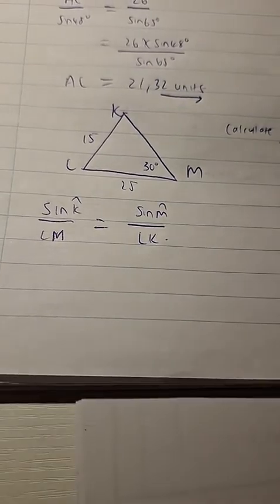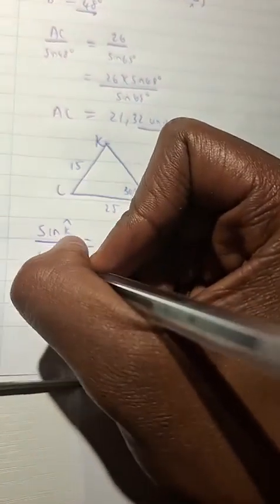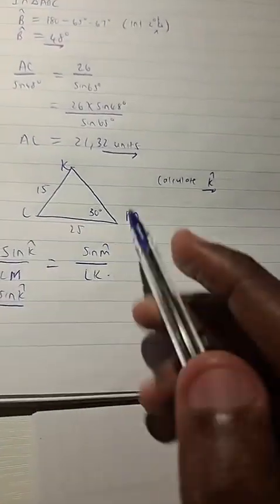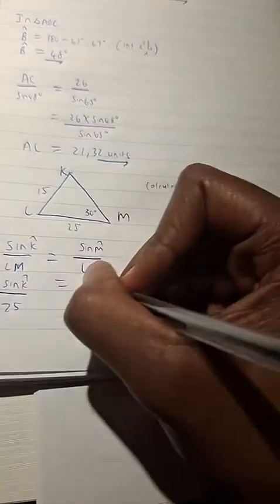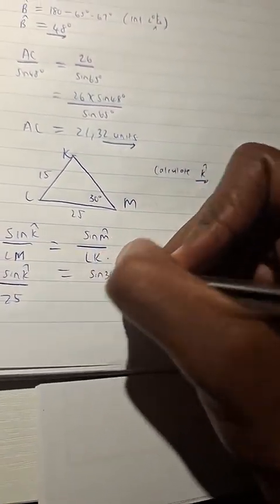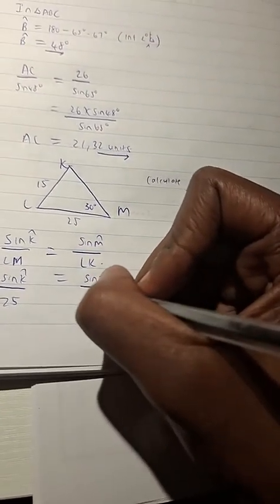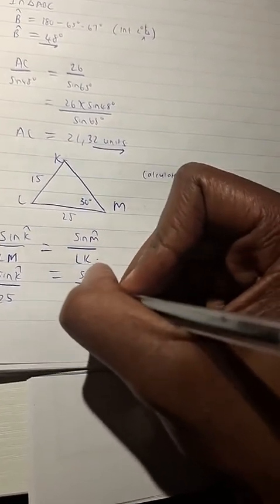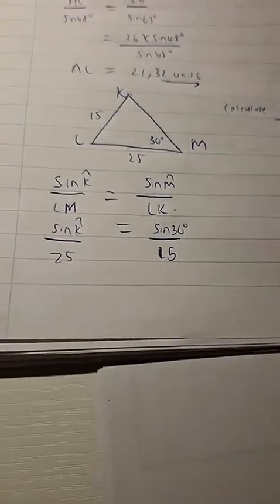So these are given to me. My second fraction needs to always be sorted out. Sine of angle K, that's what I'm looking for. LM is equal to 25. Sine of angle M, I have sine of 30 over LK, which is basically 15. Now I am ready to cross multiply.